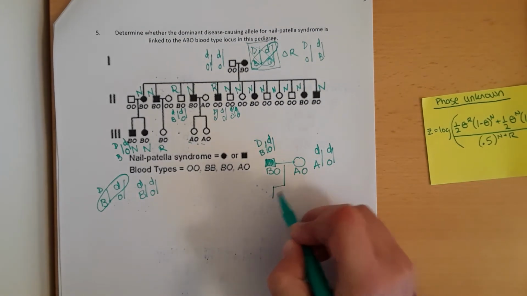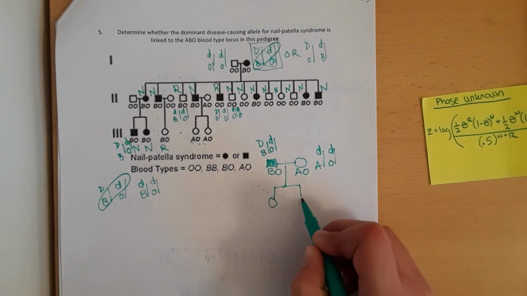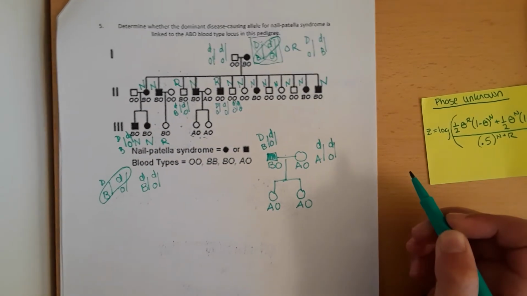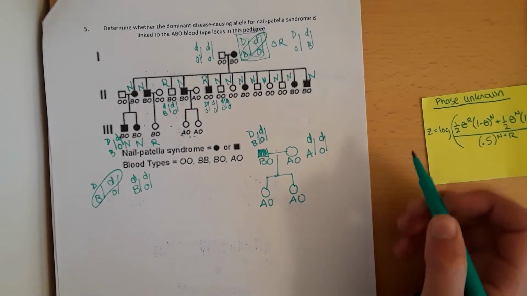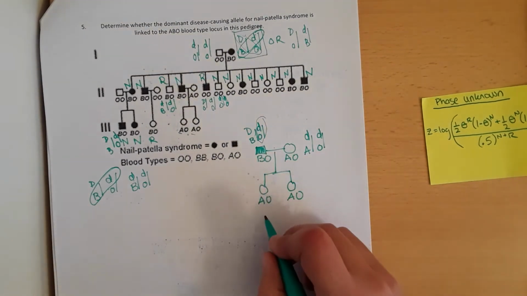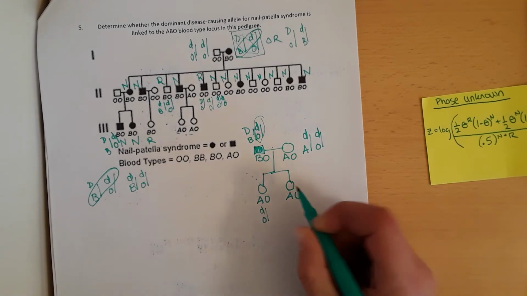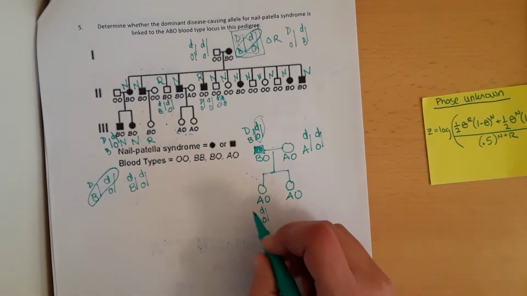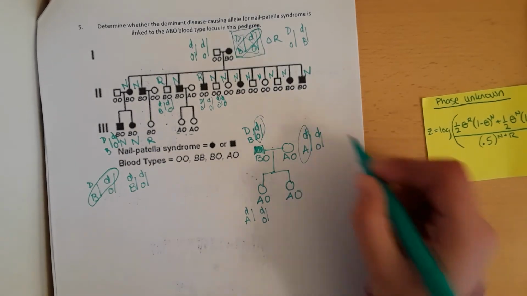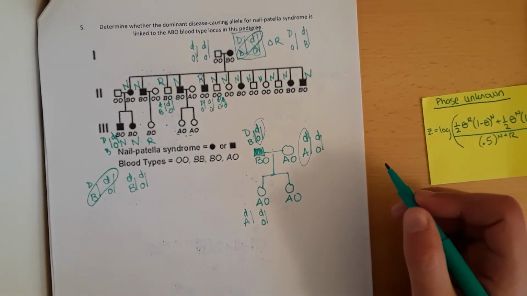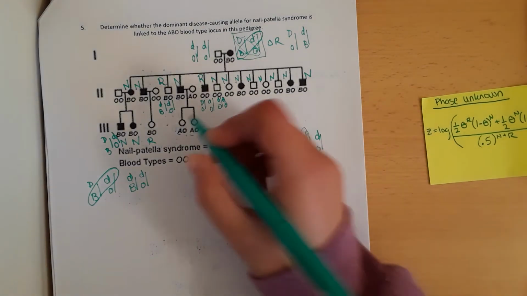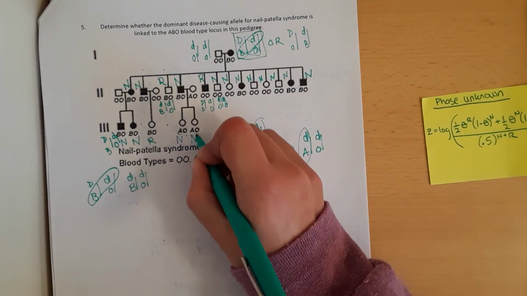And they have two girls who are AO, and they aren't shaded in. So it looks like they got DO from dad and then DA from mom. And that's fine. No crossover took place, so this is non-recombinant.